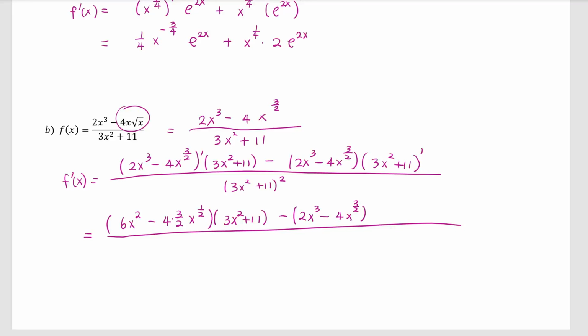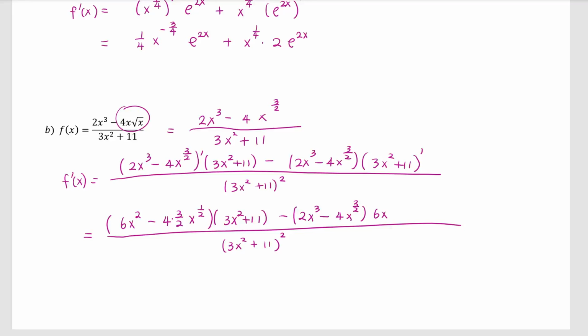The derivative of 3x squared, well, that is 6x, right? And then derivative of 11 is 0, okay? So, and then 3x squared plus 11, squared. So far, so good, everybody?